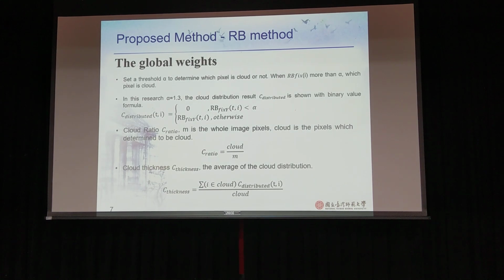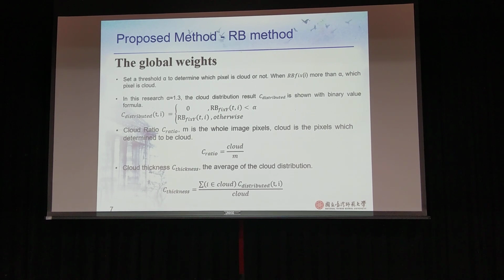And in the goal weight input, a threshold value alpha will be set up to judge whether the pixel is cloud after the 5 red-blue ratio method of this whole sky image. If it is greater than 1.3, it will be judged as a cloud.